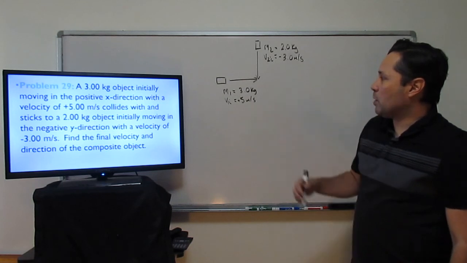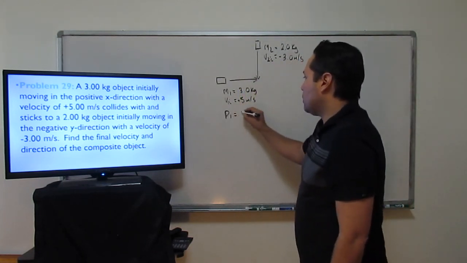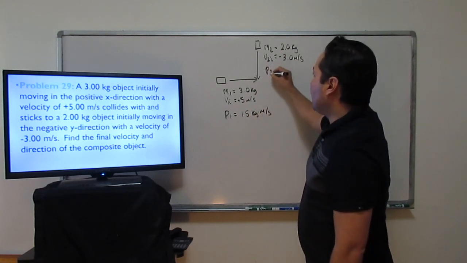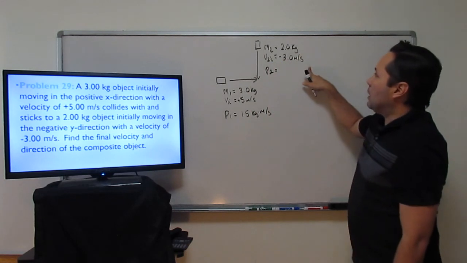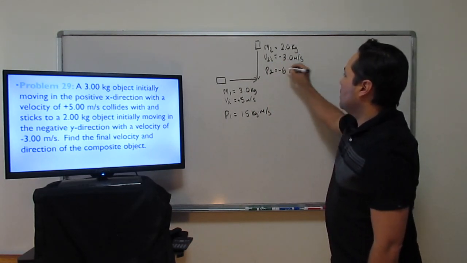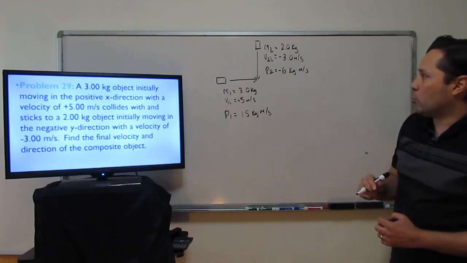So momentum, you simply multiply them. The momentum of object 1 is mass times velocity, so this is 15 kilograms times meters per second. Momentum of object 2 is going to be 6 kilograms times meters per second, negative because it's in the negative y direction. Now let's draw some vector diagrams.